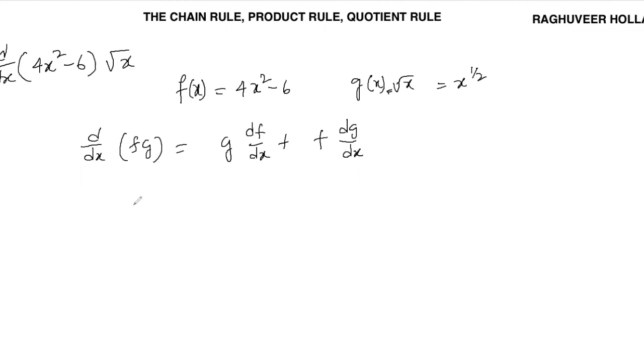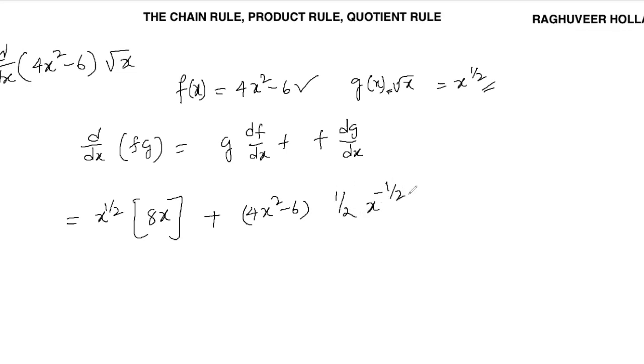So this will be x to the power of half, and differentiation of this results in 8x, plus f, where f is 4x squared minus 6, and differentiation of this results in half x to the power of minus half.